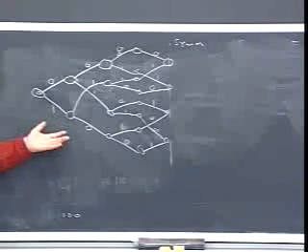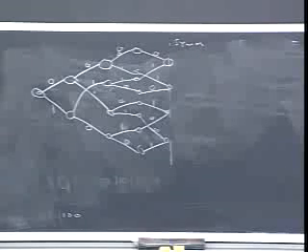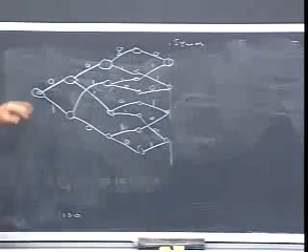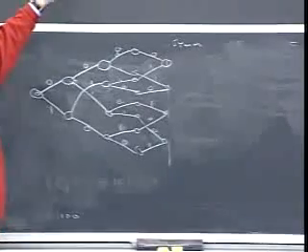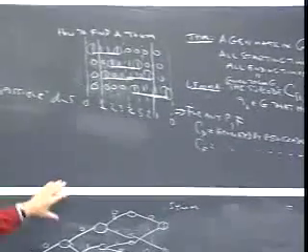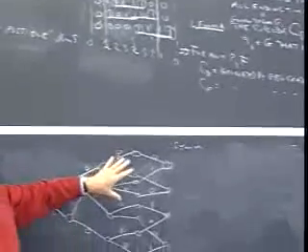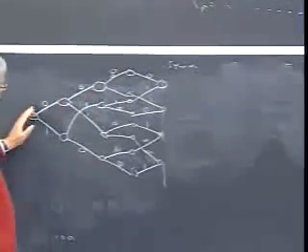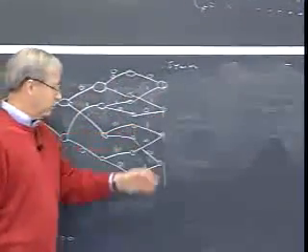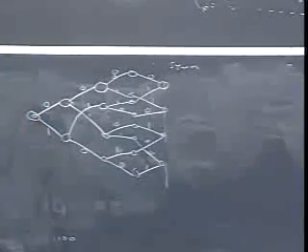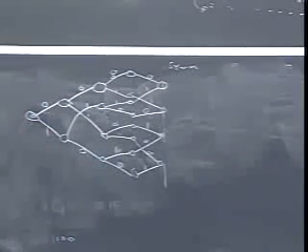And how did I do this trellis? In principle, I wrote down all 16 code words. I wrote down what linear combinations they were up here, and I therefore found what states they went through at each time, and then I just drew the graph that describes those trajectories.